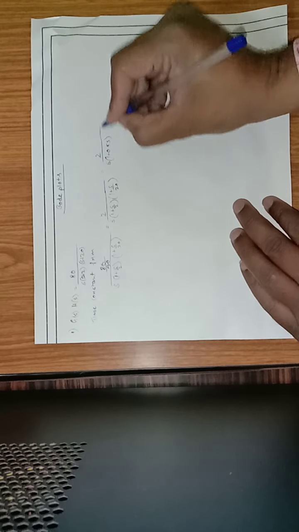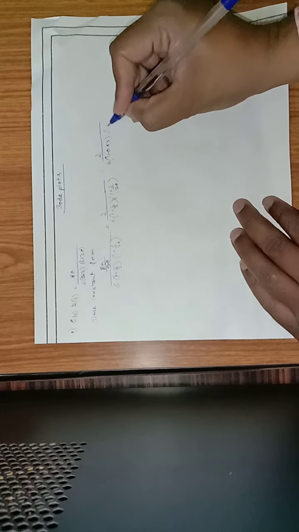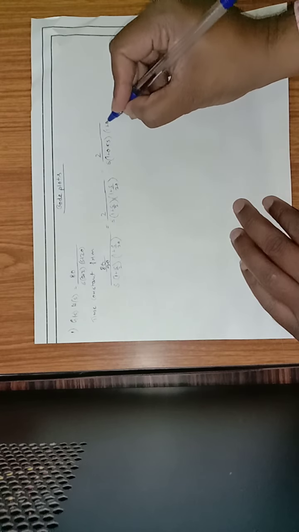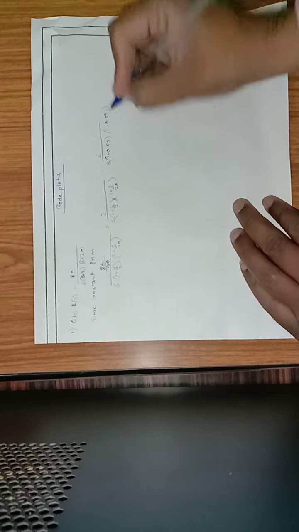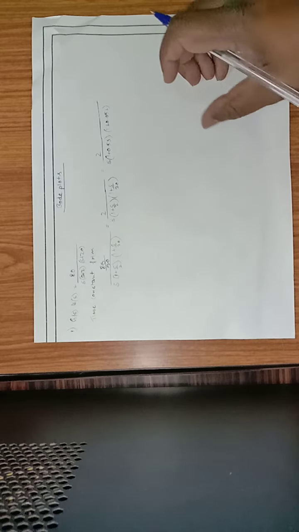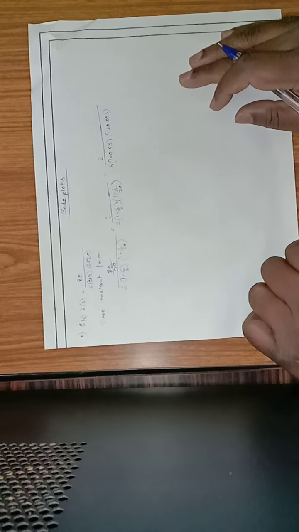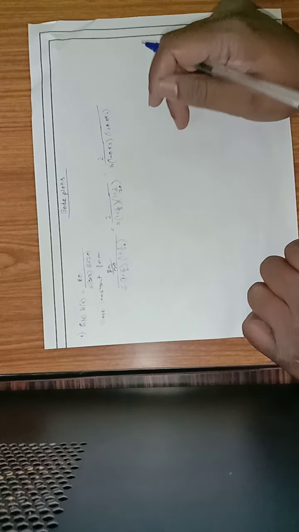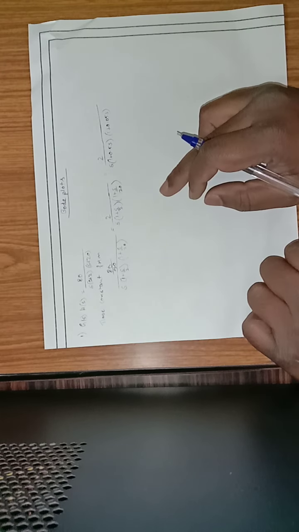It is 1 plus 0.05 s. So this is the time constant form.